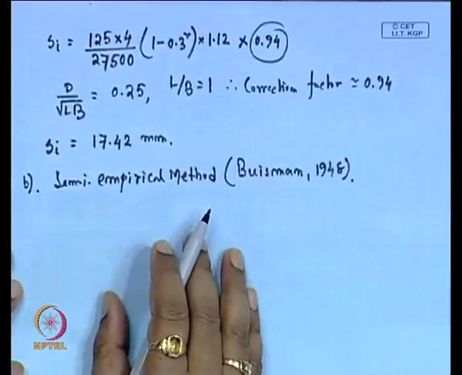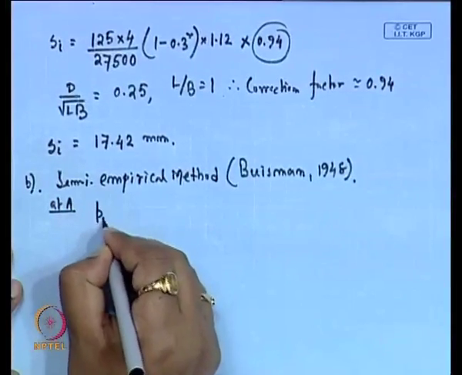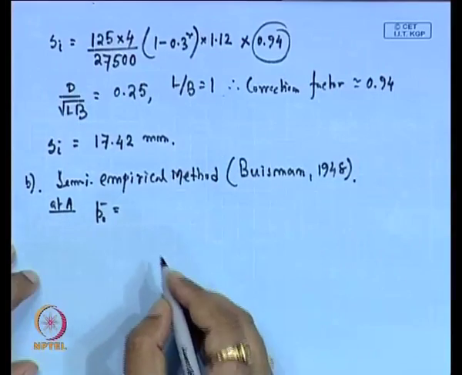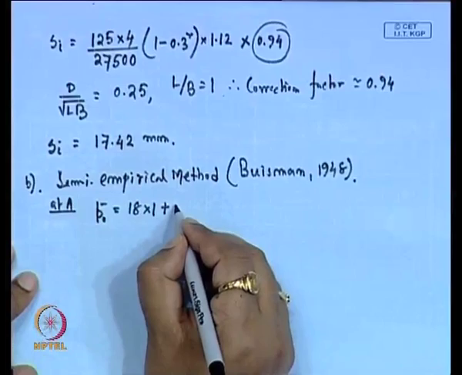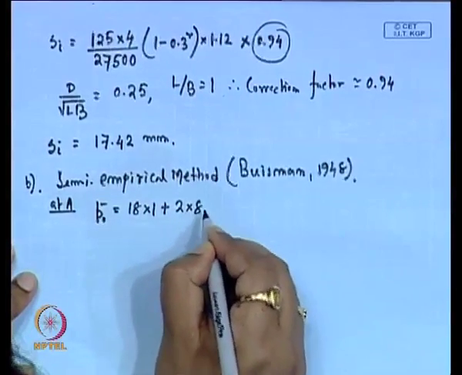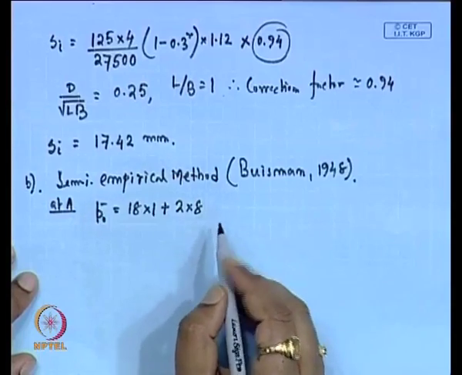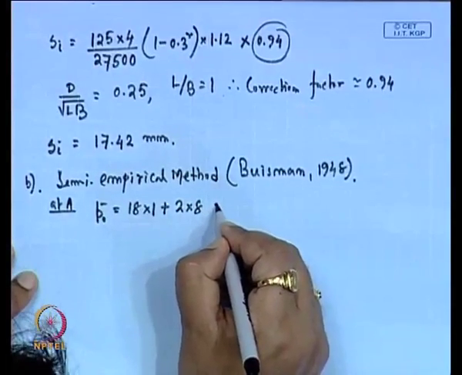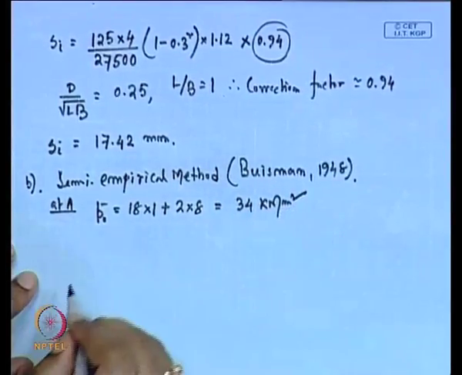Now, we have to calculate sigma 0 bar at A, that is 18 into 1 plus 2 into 8, because the ground water table is at the base of the footing. So, this is 8 into 2. So, this is coming 34 kilonewton per meter square.